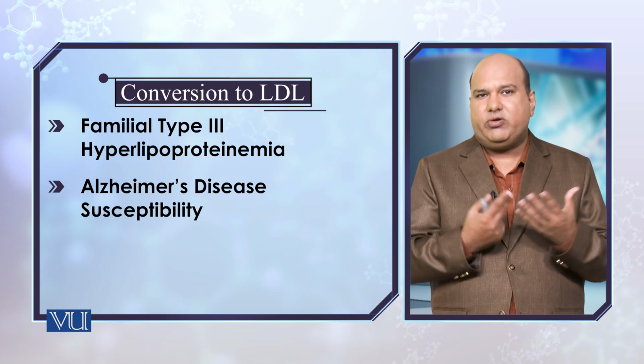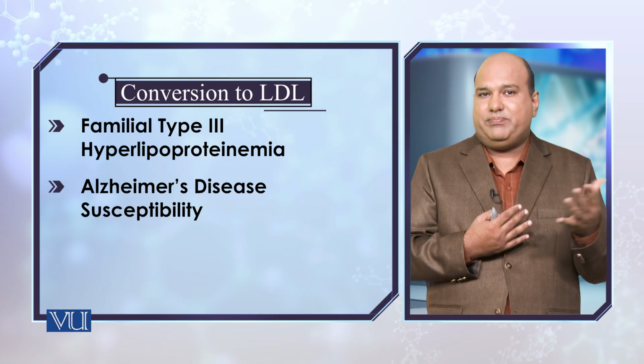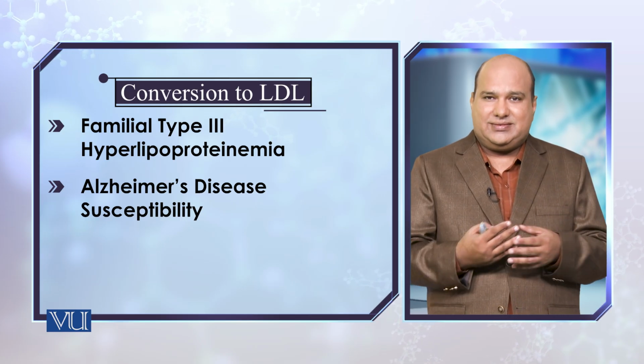And you can think how it could be. Alzheimer's disease is a brain disease, a neurodegenerative disease, which involves many genetic factors. But how can a defect in the lipid transport mechanism be linked with Alzheimer's disease? Yes, you can think about it.